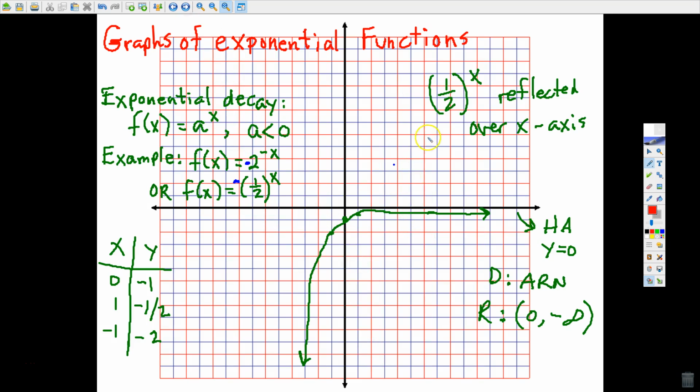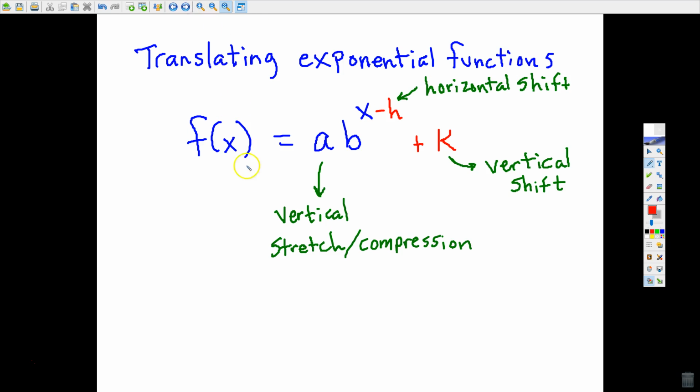And then the same thing is true for negative exponential decay. It's decay, which did this, and it's flipped over the x-axis. Okay, and that's the effect of this negative in front. Notice how the range changed when we have the negative growth and decay. Domain stays the same. Okay, so we're going to graph these using translations, transformations, and you might want to pause.